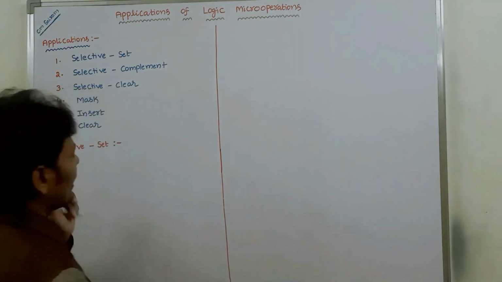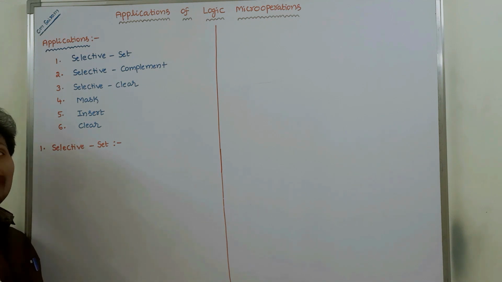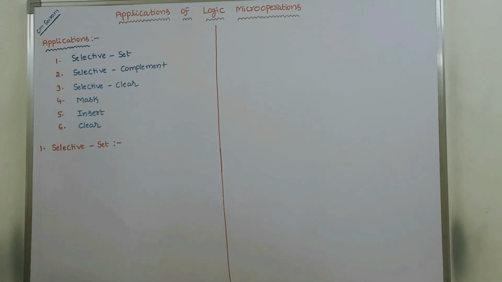So the first one is the selective set operation. Selective set operation is nothing but setting some selective bits to value 1. How can it be performed?